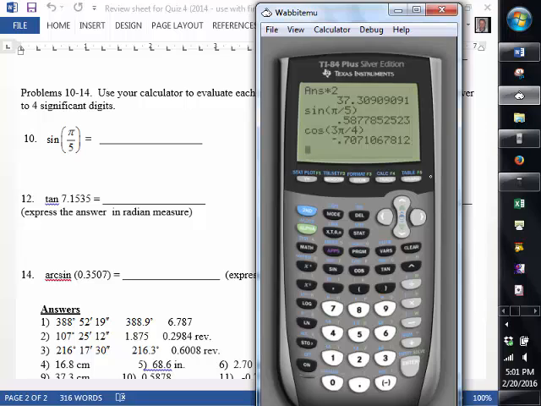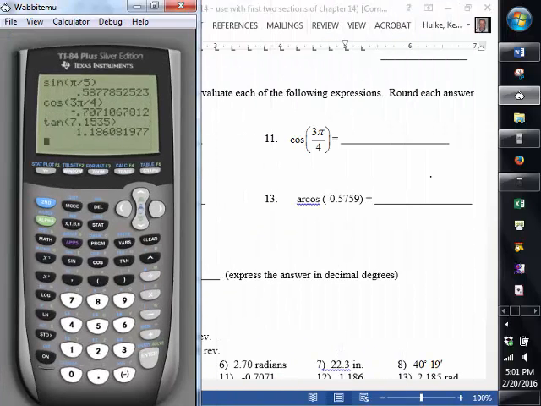Tangent 7.1535. Express the answer as though it were radian measure. Okay, so tangent 7.1535, and we get 1.18. Arc cosine, in other words, we want the angle whose cosine is that.